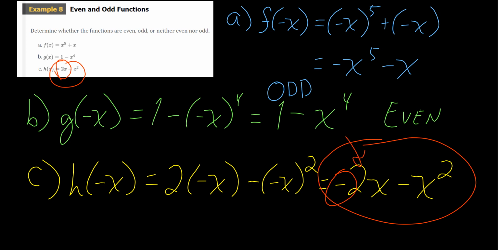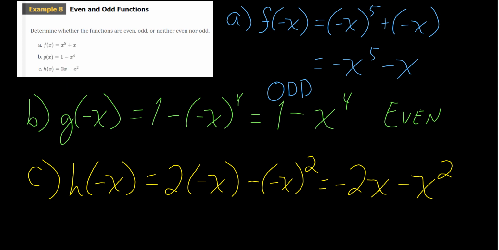This is a negative 2. That's good. I have a negative x squared, but this is also negative x squared. Okay, so it's not the exact negative of it either. So it's neither the exact same nor the exact negative. Okay, so therefore we would say that this is neither.